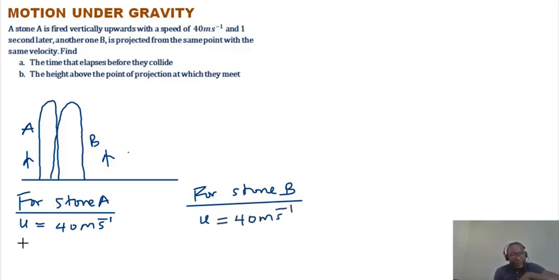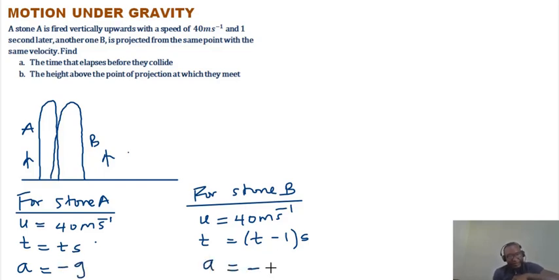Then, if stone A moves within a time of t seconds, they are telling us that 1 second later, another stone B is projected, meaning that stone B delayed for 1 second. So we shall have its time being t minus 1 seconds. Both of them are projected upwards, so this is going to be negative g, and the acceleration here is also negative g.